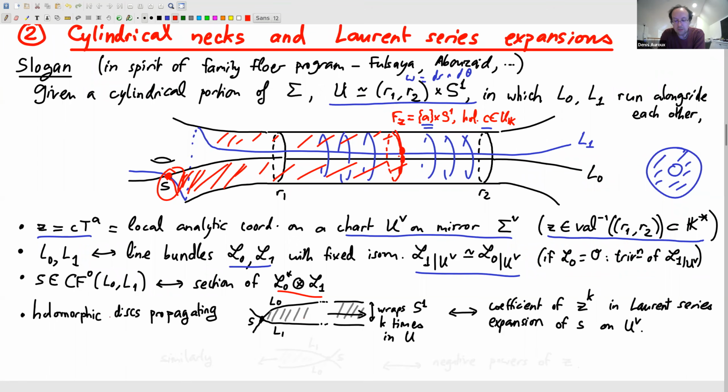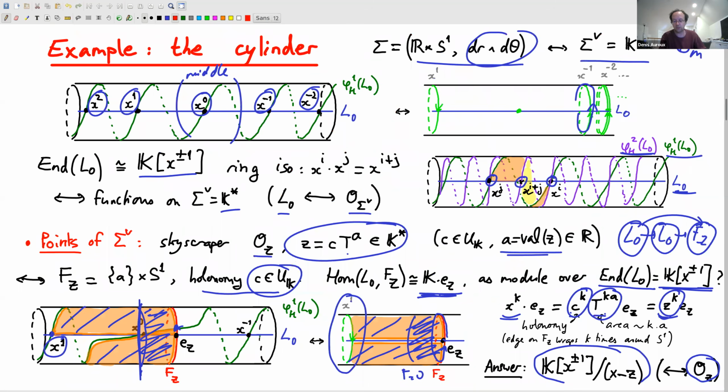And so now by the calculation we just saw, if one of these disks comes in and enters the neck in a way that wraps k times around the S1 direction, then we'll get something that behaves like Z to the k. When we evaluate it on a particular F_z, as a function of Z, it will vary like Z to the k, by exactly the calculation we had on this example.